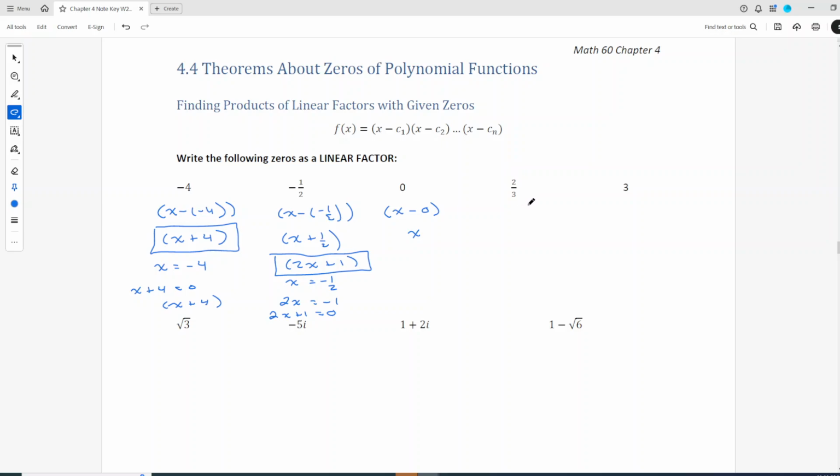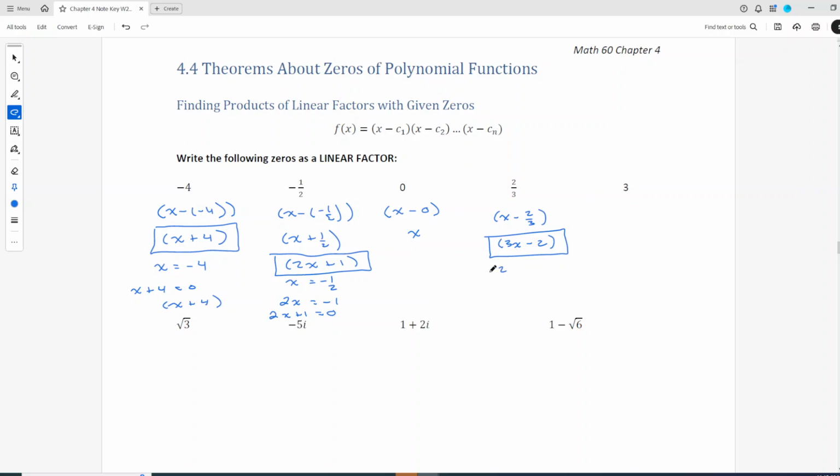What about 2/3? How am I going to write 2/3 as a linear factor? Well, I gave you one option. You've got x minus 2/3, and then you have to know that that 3 is always going to come up. If you use synthetic division, a 3 will come out and multiply through, but this is the linear factor I'm looking for.